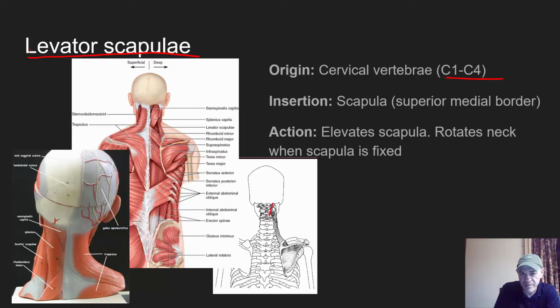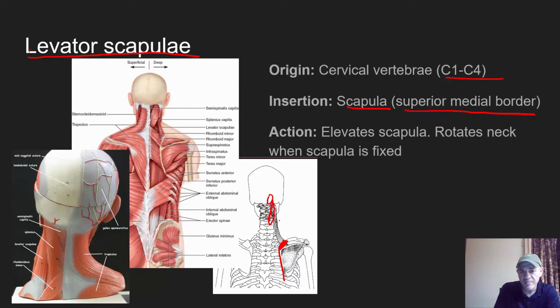So the origin is right up in here in the cervical vertebrae, and the insertion is the scapula, but not on the medial side, or they also call this the vertebral side of the scapula since it's facing the vertebral column. So it's on the superior medial border. All of this is the medial border, but this is the superior medial border there.